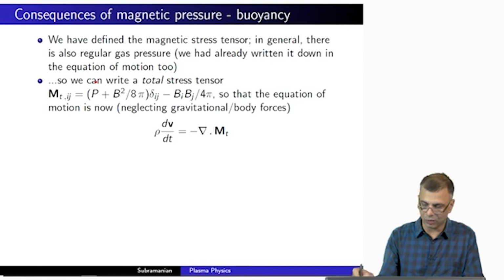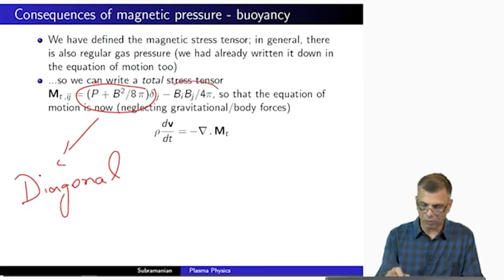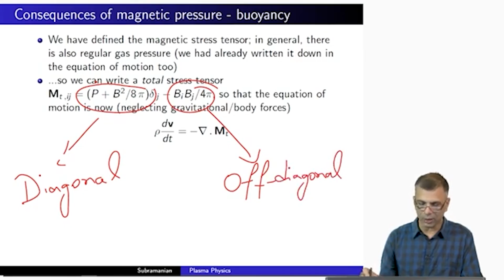So these would be the diagonal terms, and these would be off diagonal terms, right?